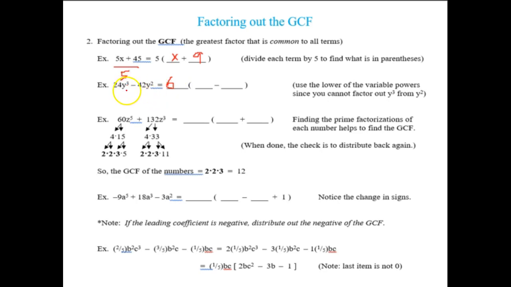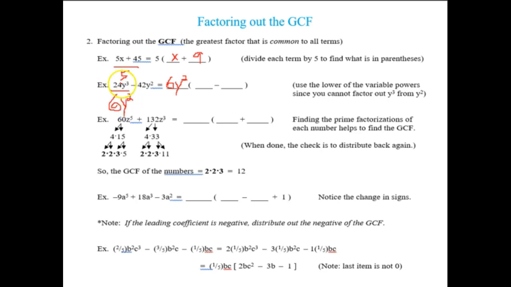Now, you notice in the first term you have y to the third power. In the last term you have y to the second power. So you can only pull out 2 y's. So we'll use 6y squared as the greatest common factor because you can't pull out more y's than you have. Distributing out is like dividing by 6y squared.